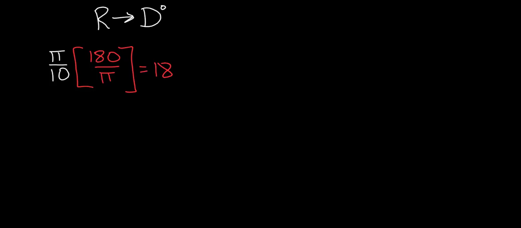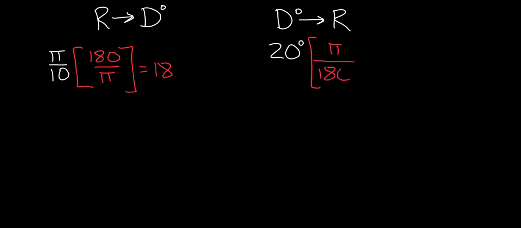Okay. Now, if you want to go from degrees to radians, notice from radians to degrees, you multiply by 180 over pi. Let's suppose you have 20 degrees. Well, what you want to multiply by is pi over 180.